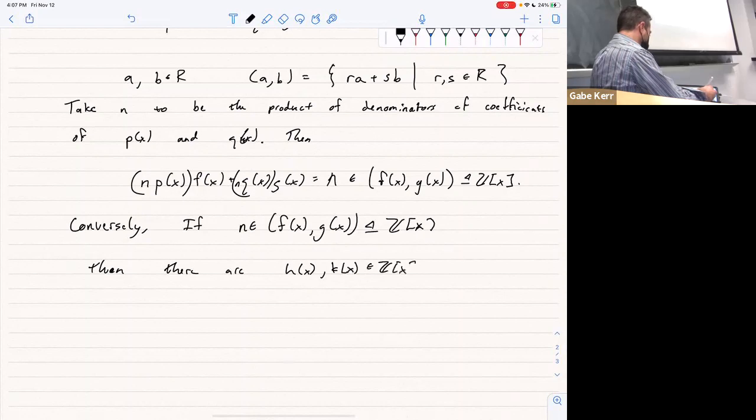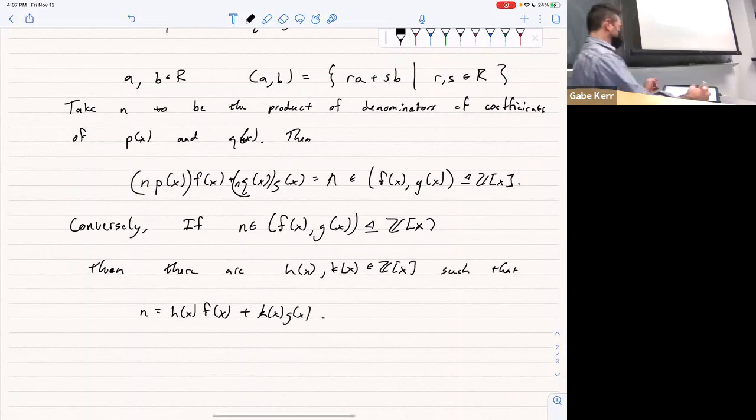That's the definition of the ideal generated by these two elements.